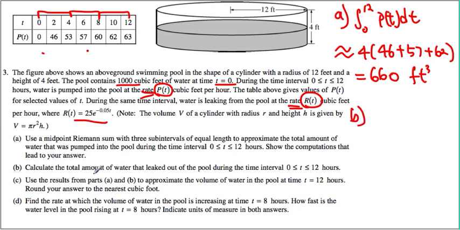Part B is we need to calculate the total amount of water that leaked out. That means 0 through 12 of R of t dt, which we can see from here.